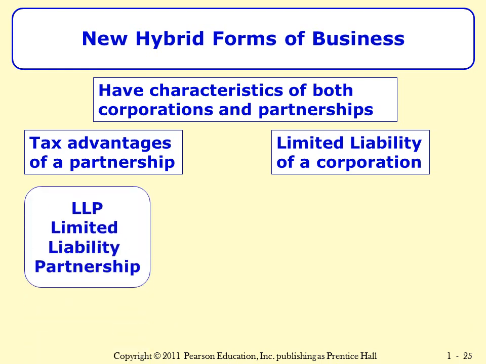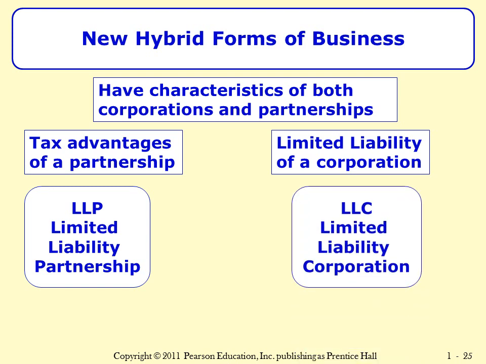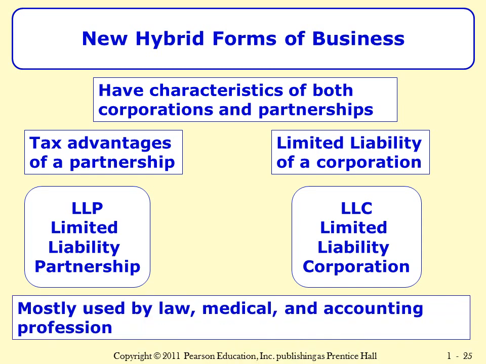These hybrid forms of business are called LLPs, which is a limited liability partnership, or LLCs, a limited liability corporation. I prefer the latter, LLC. These business forms are mostly used by law, medical, and accounting professions.